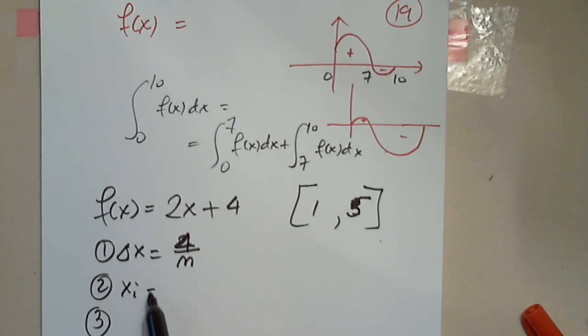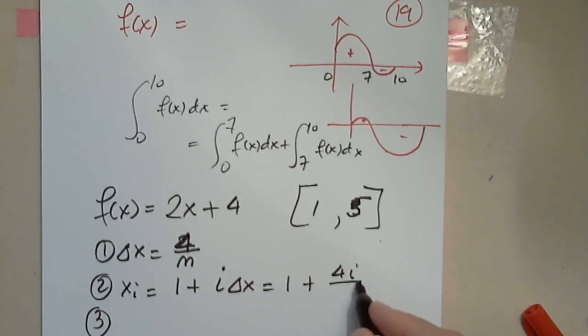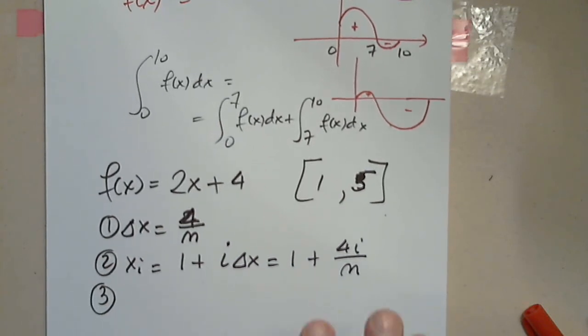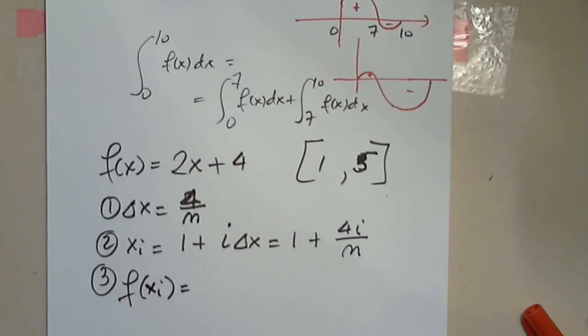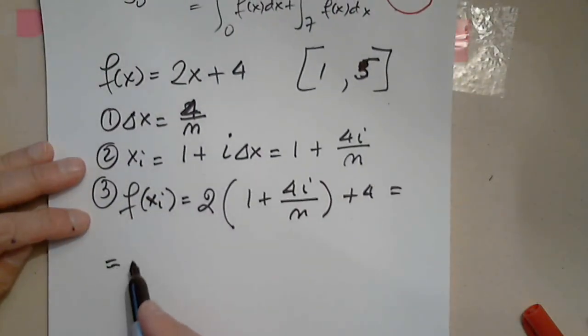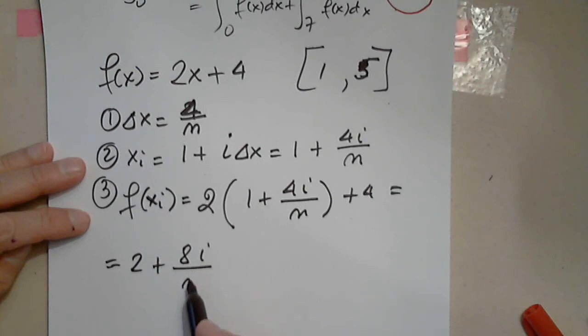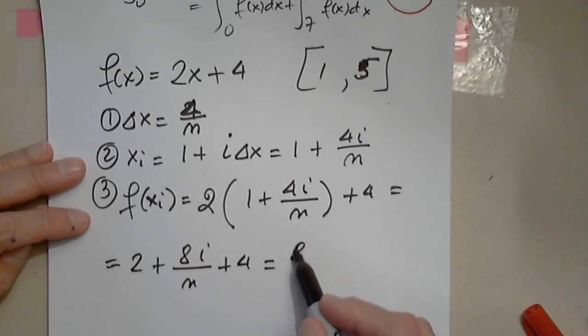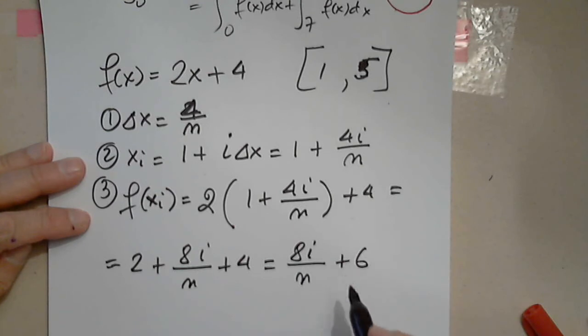Okay, so xi, this time xi is 1 plus i delta x, which is 1 plus 4i over n. This is what I have to plug in x, or replace x by. So f of xi is 2 in parentheses 1 plus 4i over n, plus 4. So this is 2 plus 8i over n plus 4, which is 8i over n plus 6.